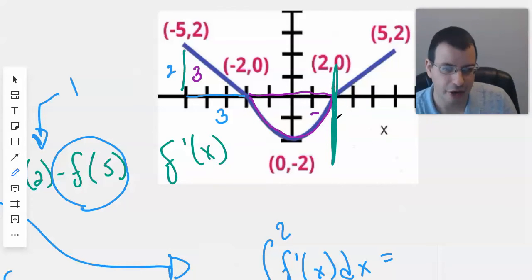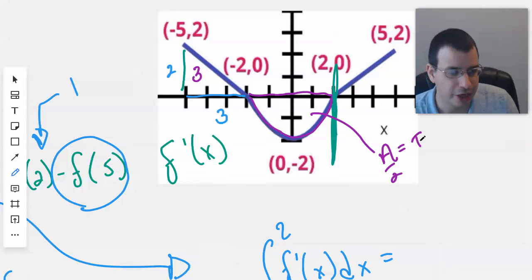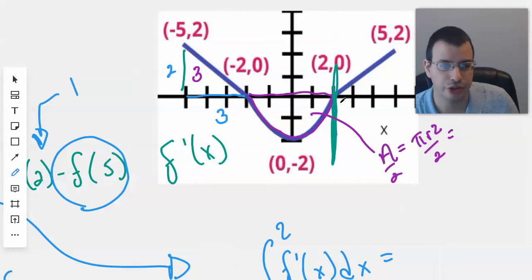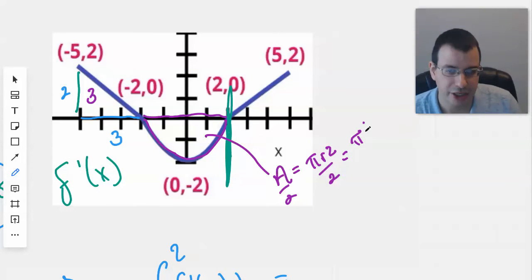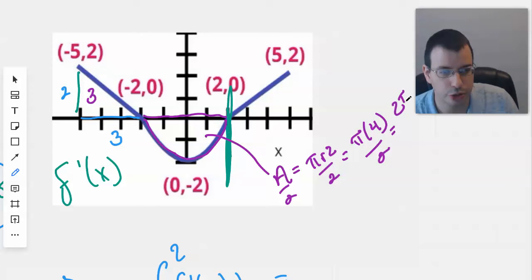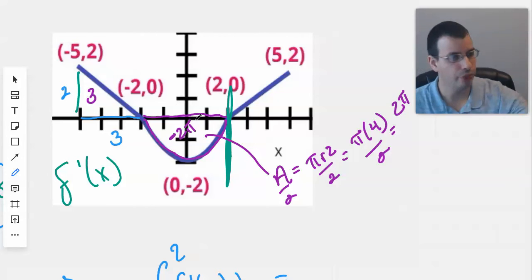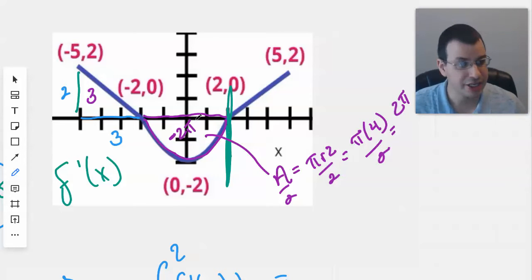And the area of a circle over 2 is pi r squared over 2. In this case, r is 2. So this will be pi times 2 squared, which is 4, over 2, which will be 2 pi. And this is below the x-axis, so it will be negative 2 pi.